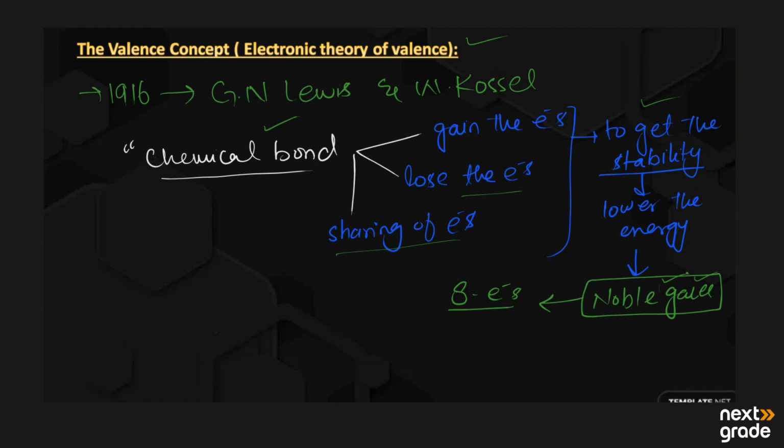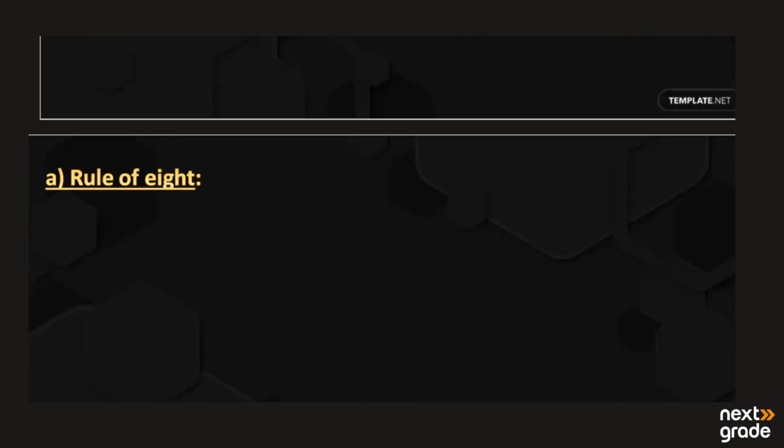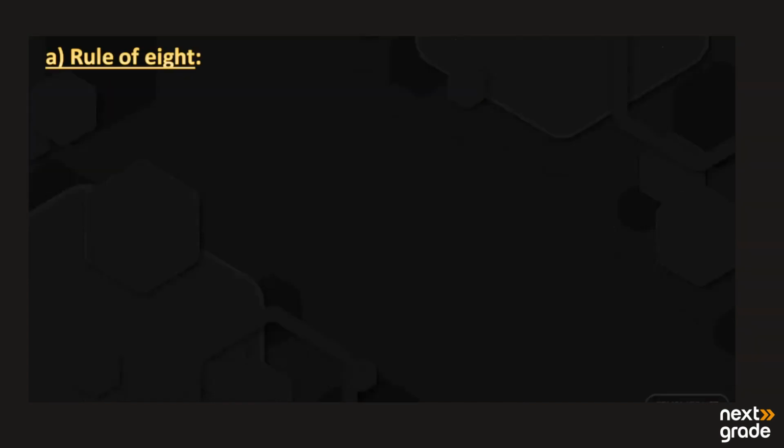Later on, Lewis explained that the valence theory or the electronic theory can be explained by two terms. The first term was the rule of 8. Now, what is the rule of 8? It is basically known as the octet theory. What does octet theory or the rule of 8 mean?